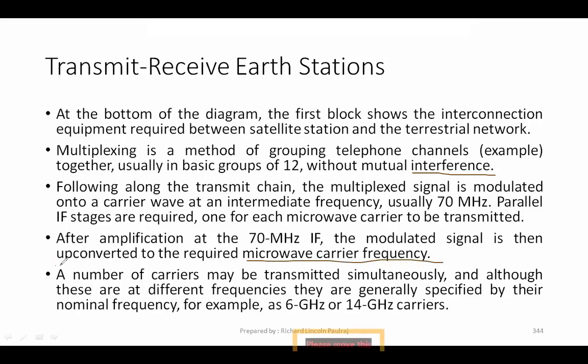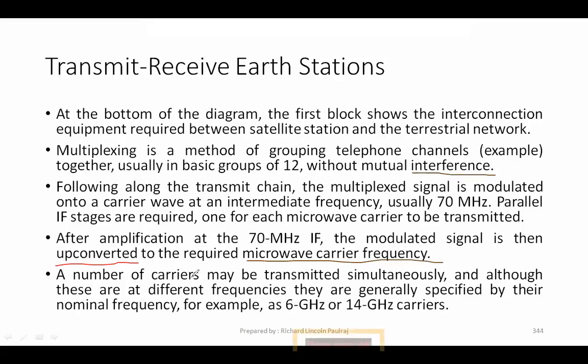Up conversion is done to make sure the frequency is blown up and we go into a higher frequency range, because we have to start transmitting the signals, or it should be appropriate for us to go ahead with the transmission.